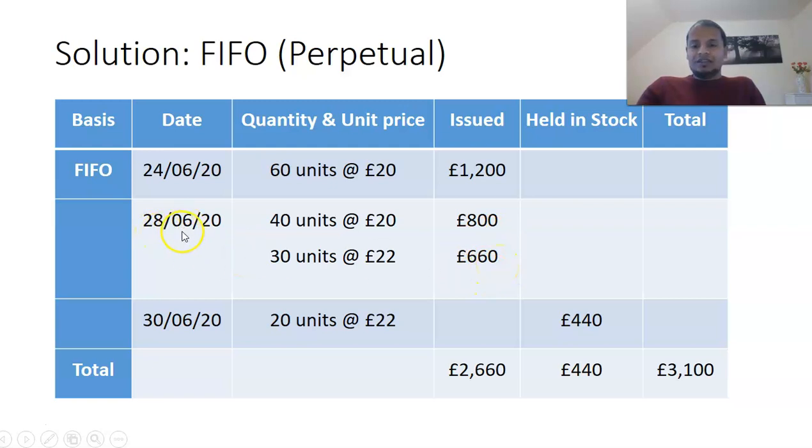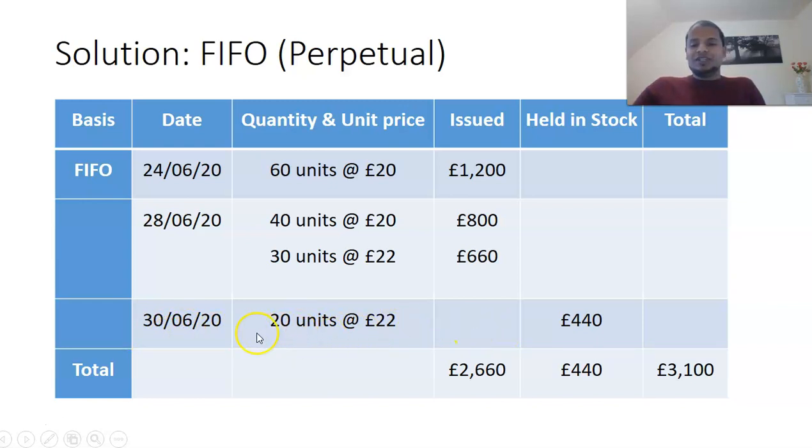So on 28th, we issued 40 from the earlier purchase and 30 from the next purchase. Then out of 50, we issued 30, so the remaining 20 is the closing inventory, closing stock that remains in stock on the last day of the month.